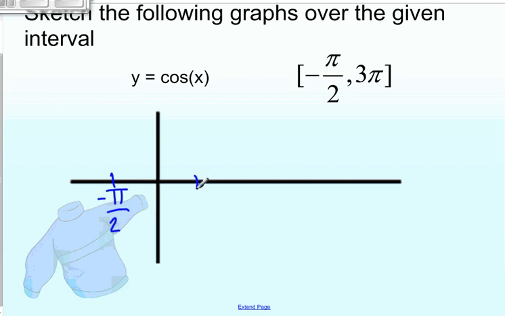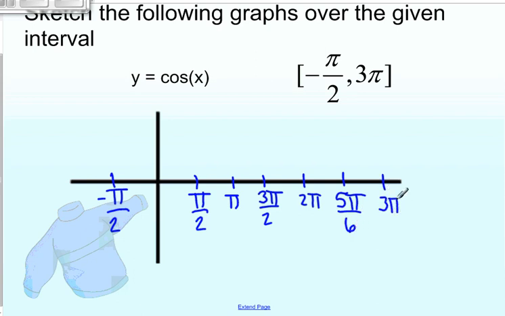And then I'm going to have pi over 2, pi, 3 pi over 2, 2 pi, 5 pi over 2, 3 pi. Oops, I don't know why I put a 6.